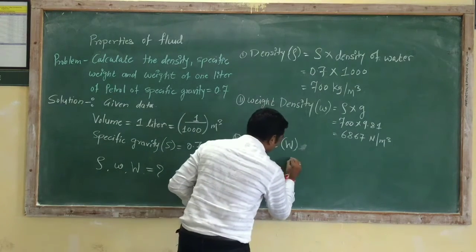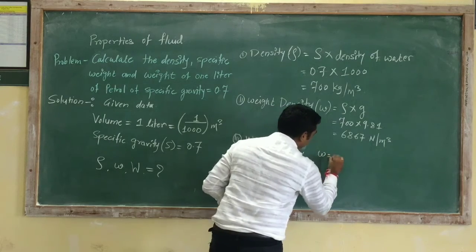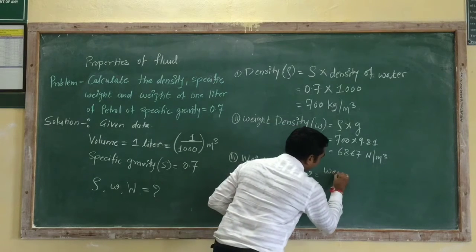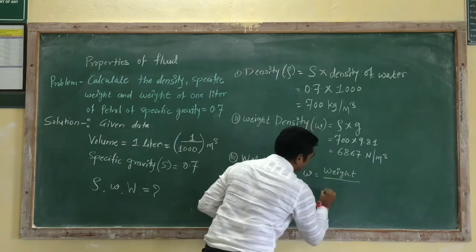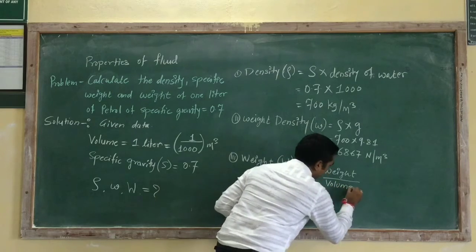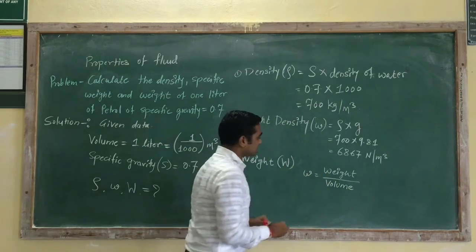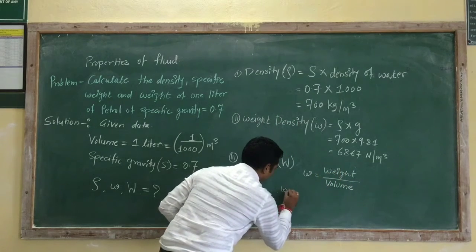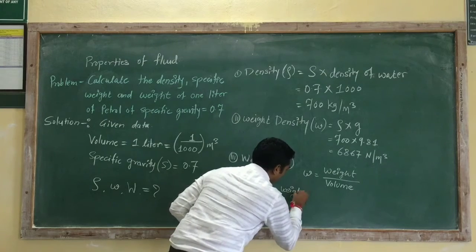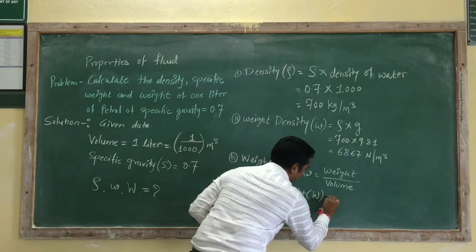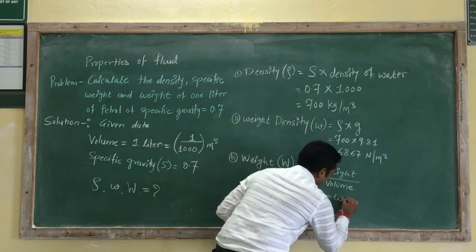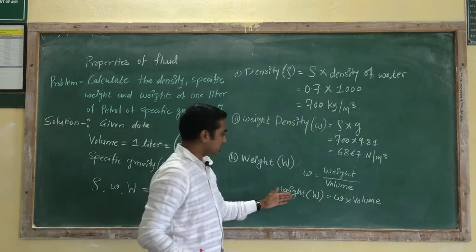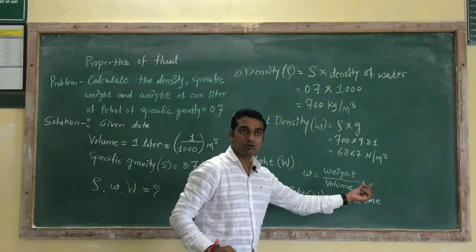Weight density small w is equal to weight divided by volume. From this equation we will find the value of this weight. Therefore weight capital W is equal to specific weight into volume.